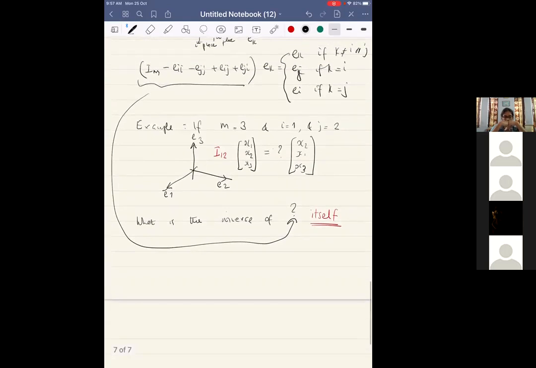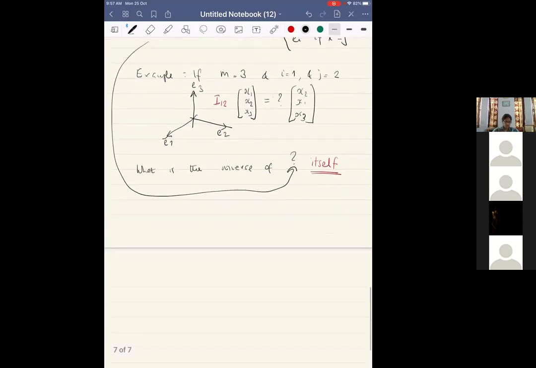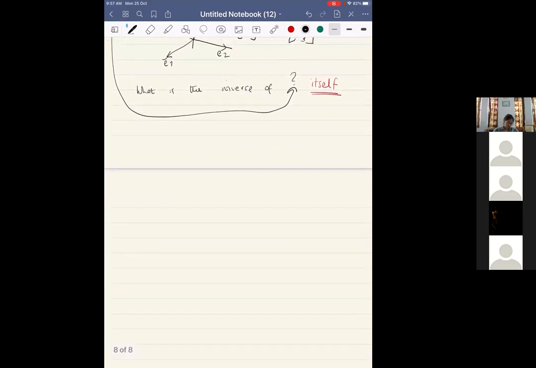Now, as we said, to describe a matrix of the second kind, I have to choose two different indices, an I and a J, which are different from each other. I choose I equal to 1 and J equal to 2, because this is an example. What will the corresponding matrix look like? I didn't write it down, but let me write it down.